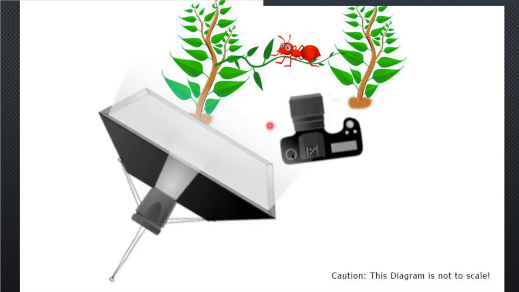So I have a diffuser and a flash which is fitted to the hot shoe of the camera. Now, when I see the insect, I don't use the autofocus mode in the camera. What I do is I put the camera on manual mode. I switch off the image stabilization. You can call it IS in Canon or VR in Nikon, OIS in Sony, and all those terminologies.